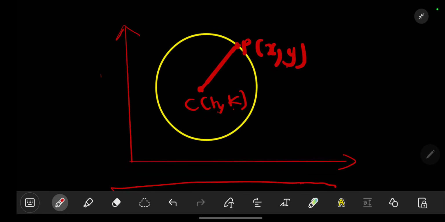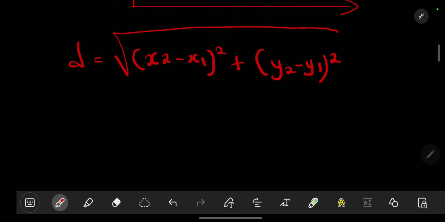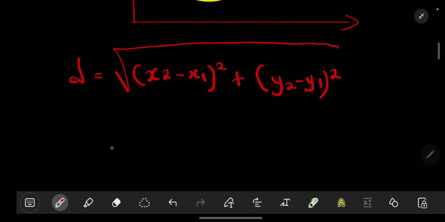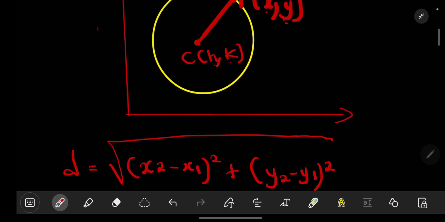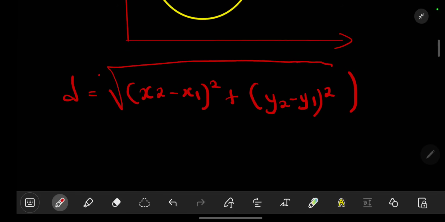Now let's make our x2 to be x and our y2 to be y. Before that, let us square both sides.